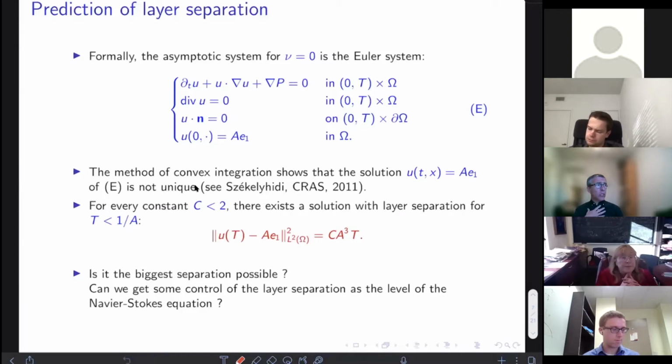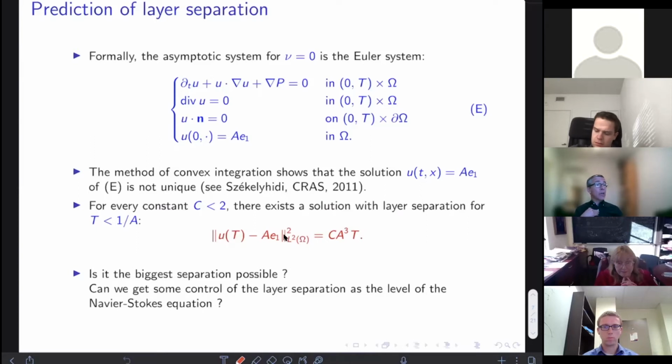And what they showed is that actually you can have layer separation in this context. So solutions which are energy decreasing, which are solutions to the system, and on top of it, you can measure, and there's a little computation that we've done because we thought it was interesting, the energy of this layer separation by measuring the energy of the velocities of the solution that you get, minus the shear flow.